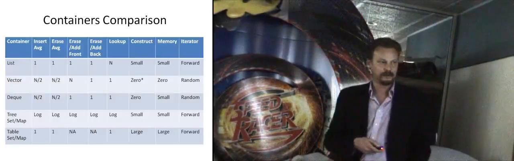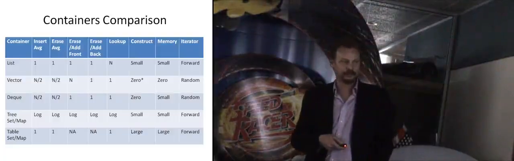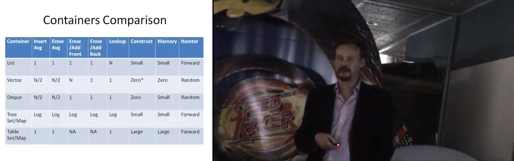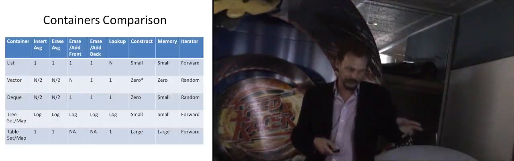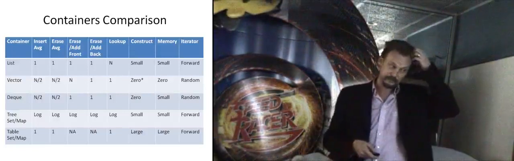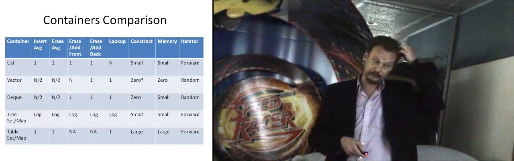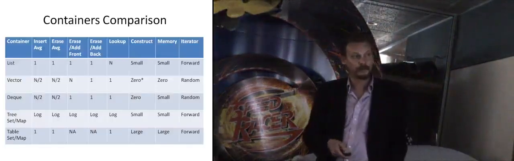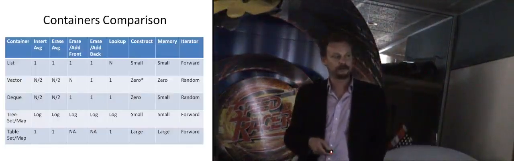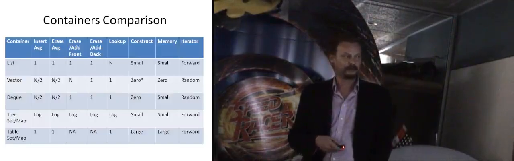Decks, default decks, are very much like vectors, except they're constant time at the front as well as constant time at the back. Trees, by that I mean sets and maps, have logarithmic time for all operations. They've got a small construction cost, very similar to the list construction.